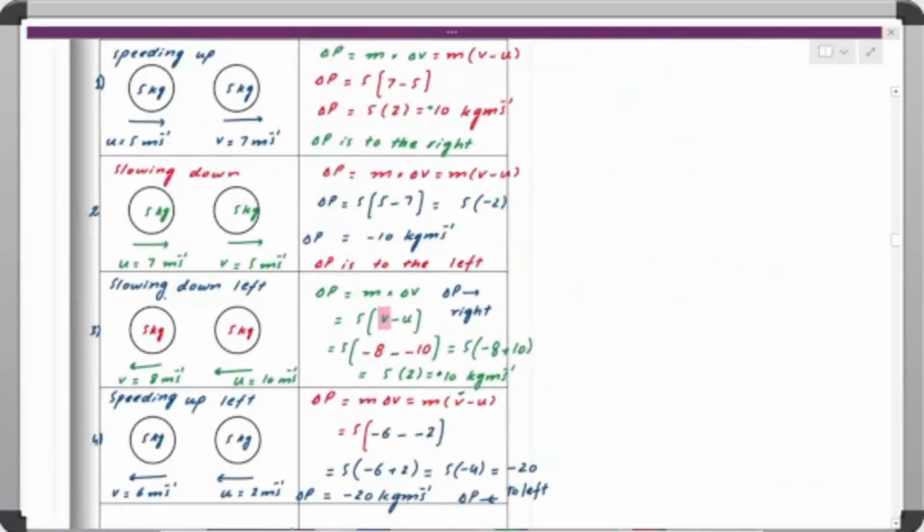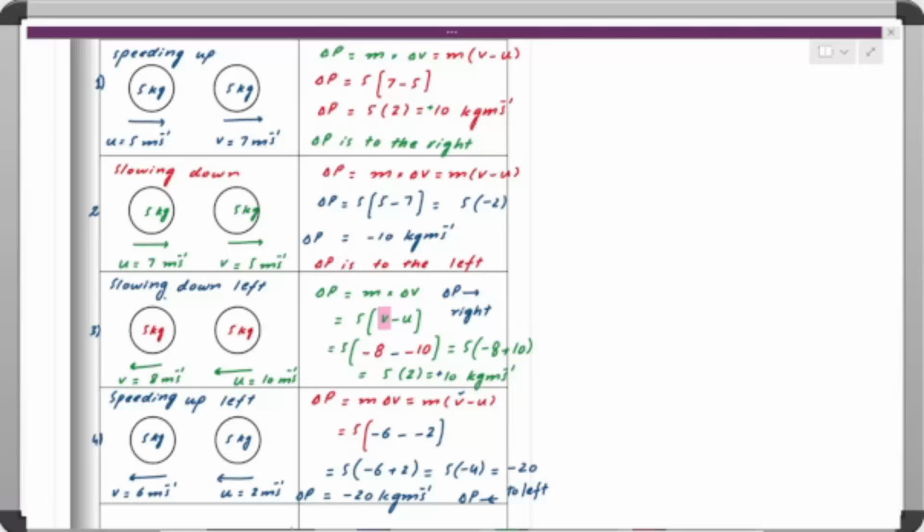Now the big question is, is there any general statement that we can create that would help us to comment on the direction of the change in momentum? Depending on the initial condition and on what happens to the sphere, especially its motion, could there be a general statement that would explain the direction of delta P?